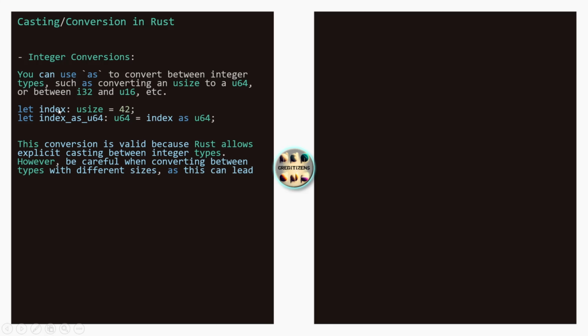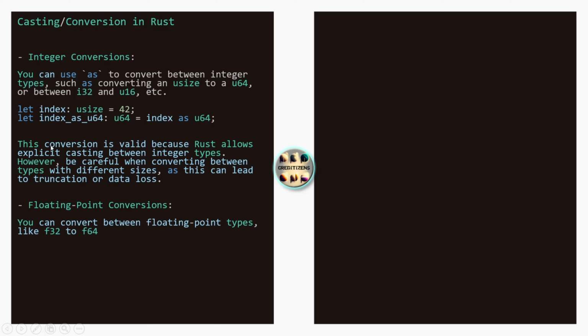Here, 42 is a usize, and we're going to be converting index usize into a u64 using the as keyword. So this conversion is valid because Rust allows explicit casting between integer types. However, be careful when converting between types with different sizes, as this can lead to truncation or loss of data.